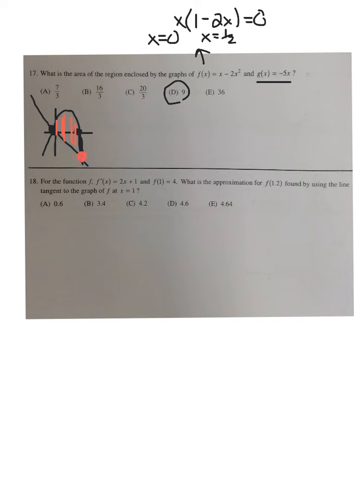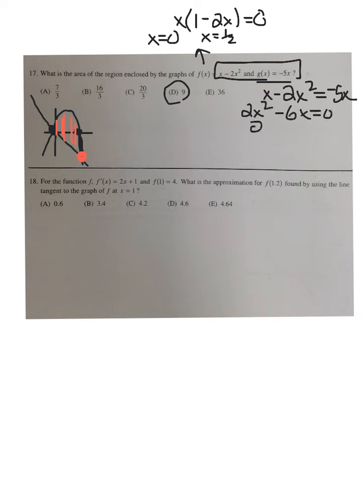So the only way I'm going to find out where they meet is to set these two equal to each other. So I get x minus 2x squared, set equal to negative 5x. I'm going to bring everything over onto one side, the right side, and that will give me 2x squared minus 6x equals 0.